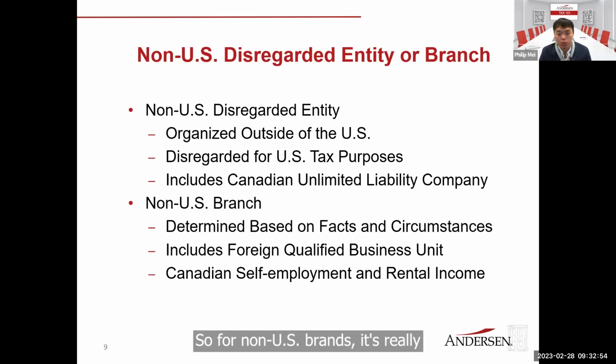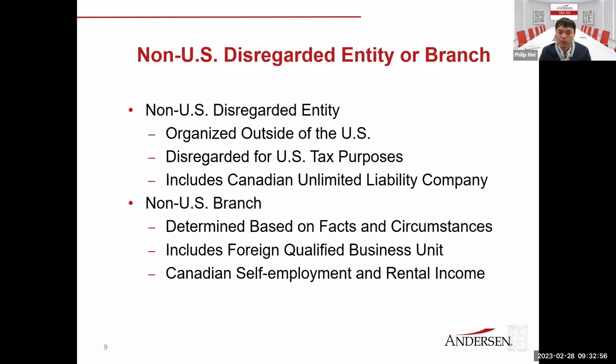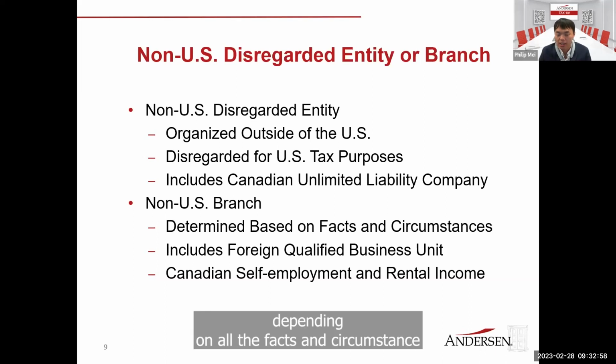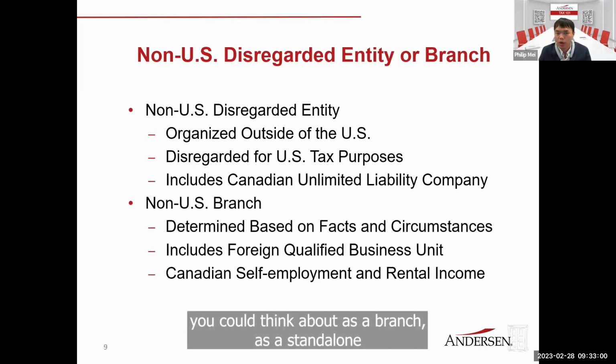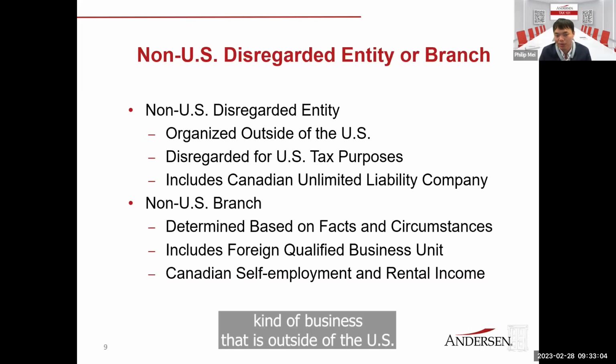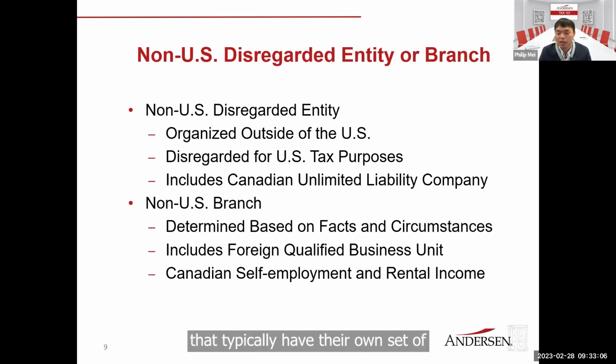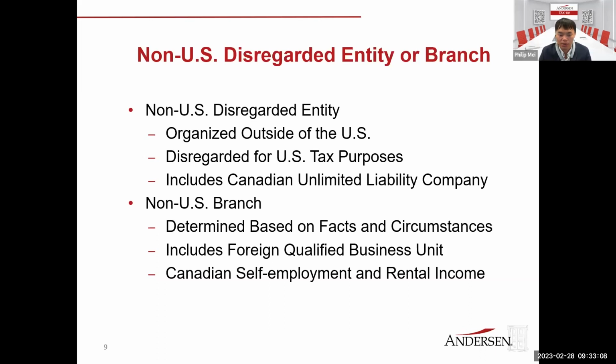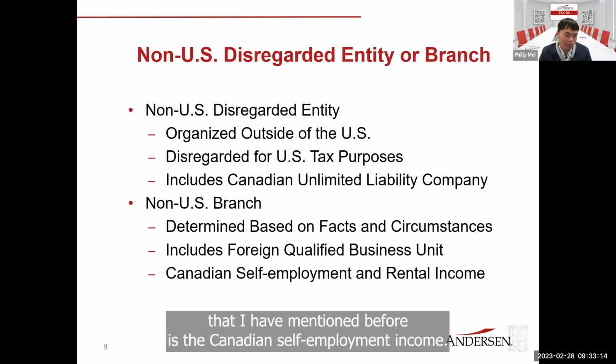So for a non-US branch, it's really dependent on all the facts and circumstances. You could think of a branch as a standalone business outside of the US that typically has its own set of financial information tracked. A common example that I have mentioned before is Canadian self-employment income.